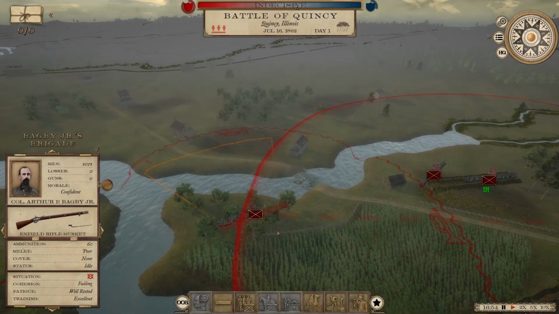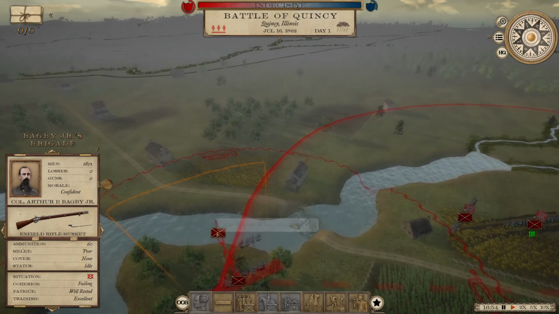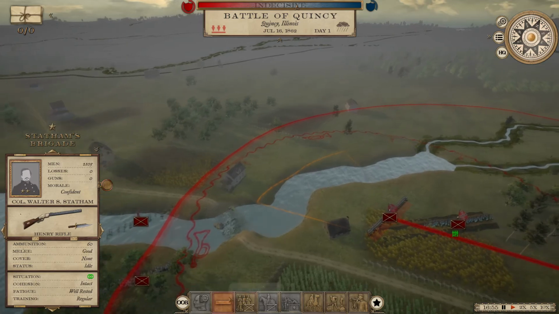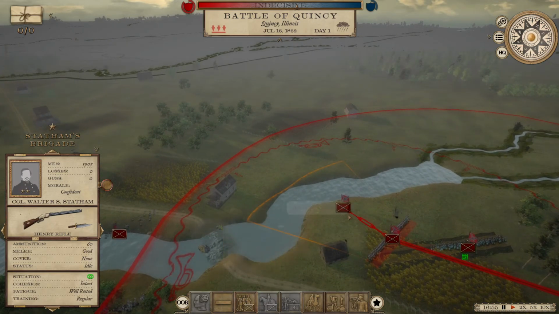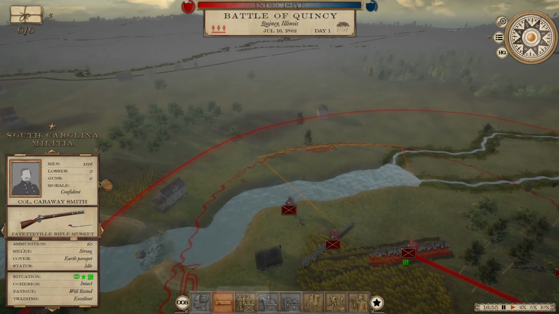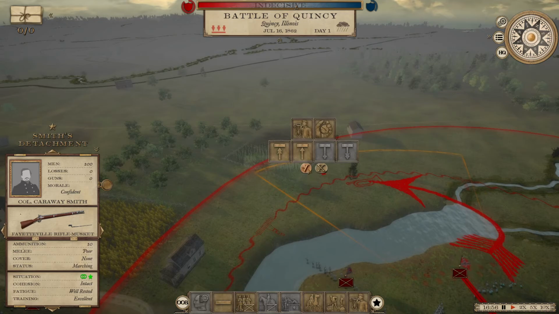I actually do intend to play this battle, but as I normally would, I'm going to create some skirmishers in all of these units. I usually use them as just the advanced force. I don't know if you're supposed to do that, but I do it anyways. I see really no harm in it.